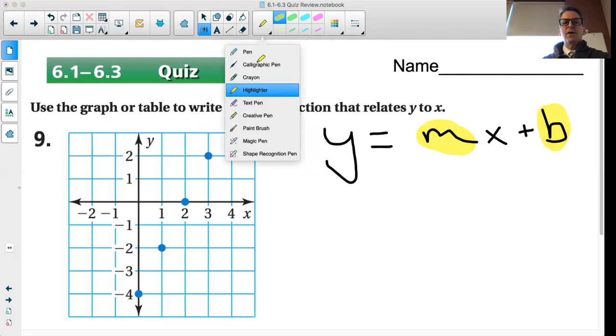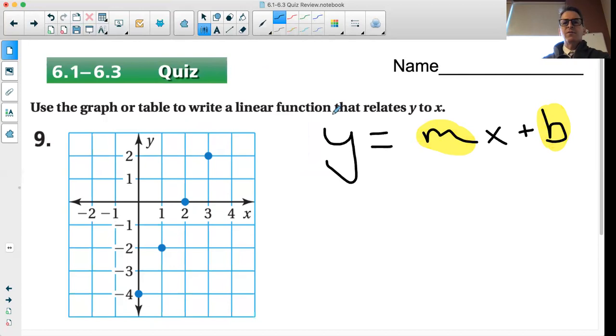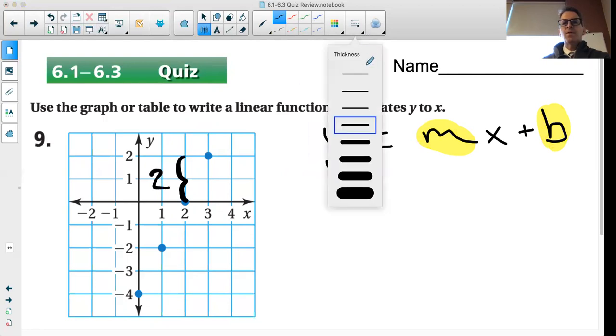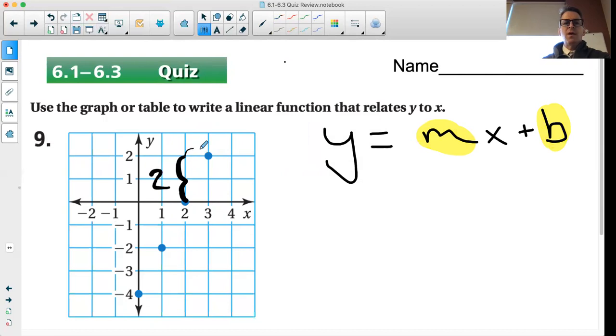So let's do that now with this first one. Let's find the slope first. If I pick 2 points to work with, I go up 2, over 1. So you've got a rise of 2 over 1, so your slope in this case is 2 over 1, or 2.